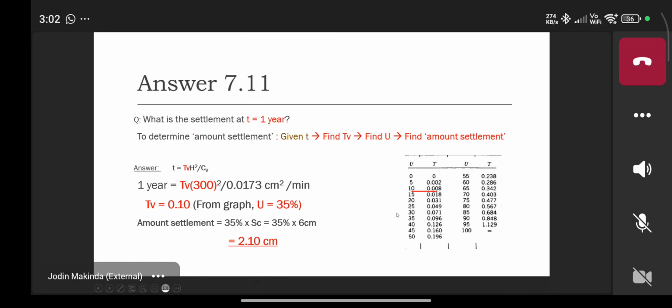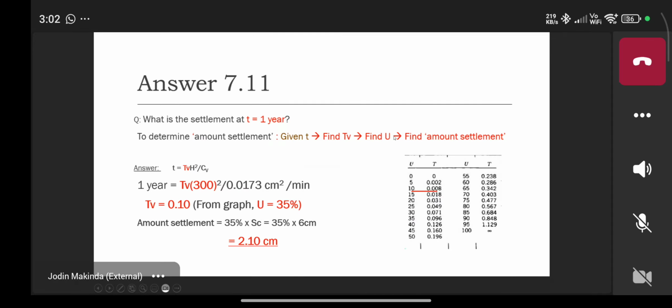So what can you do? Meaning that here, you are given T, time. If you follow the hint or the study tip, if you know the time, you can find time factor from the equation. If you know the time factor, you can find the U from the table.